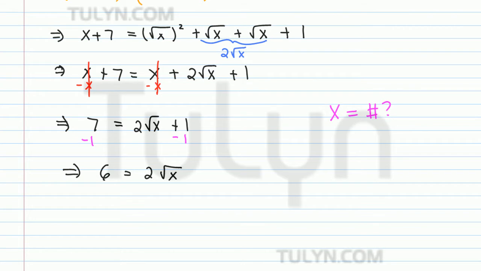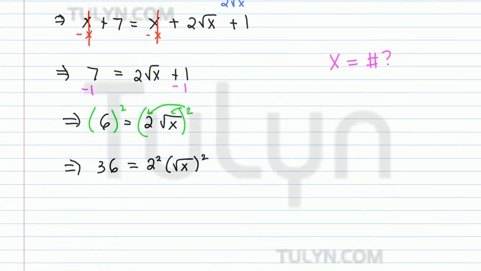And now we want to solve for x, so what do we do? We square both sides again. On the left, we're just going to get 6 squared, which is 36. On the right side, the square is going to distribute to each term, so this is going to become 2 squared times square root of x squared.